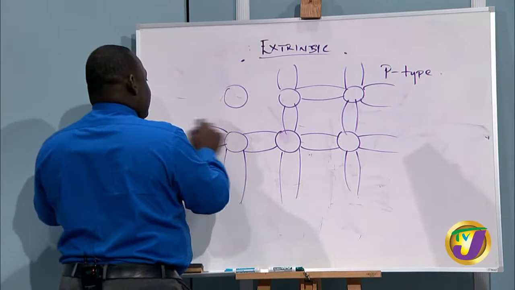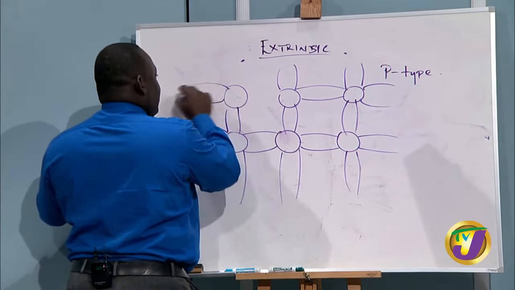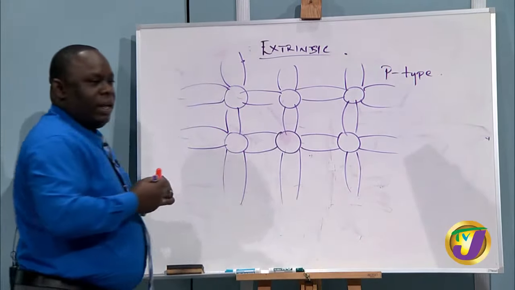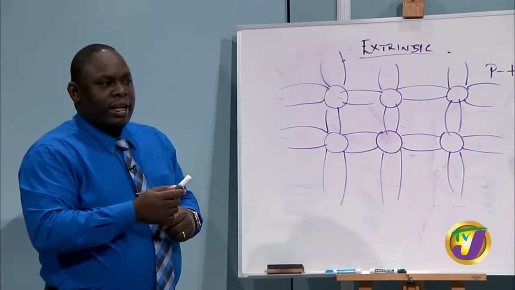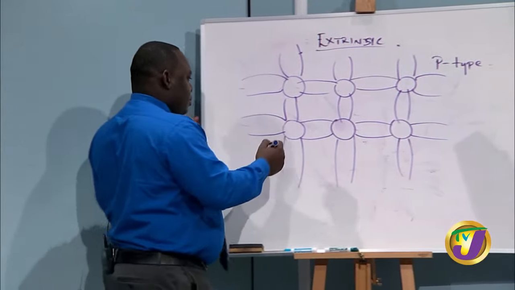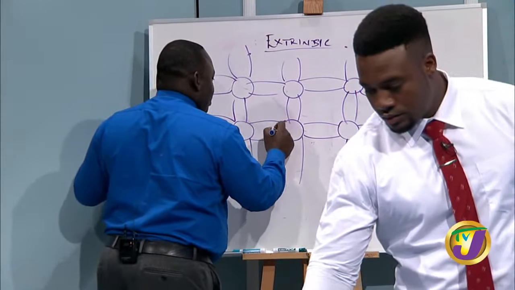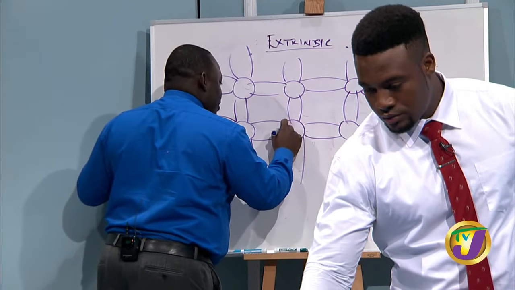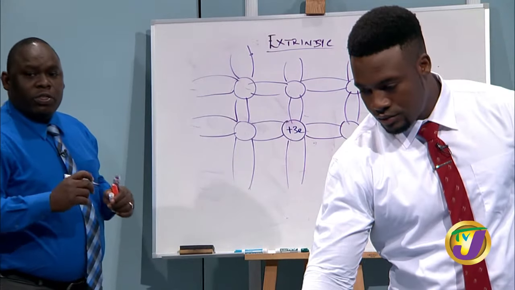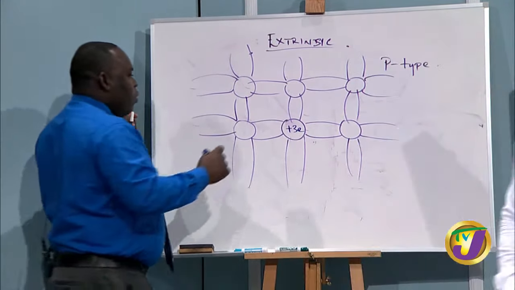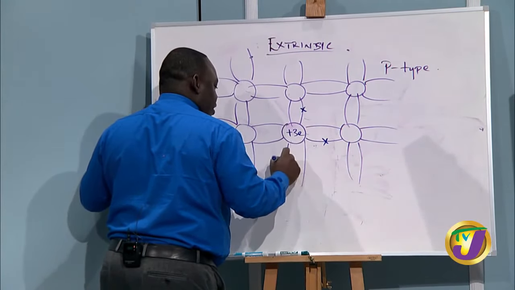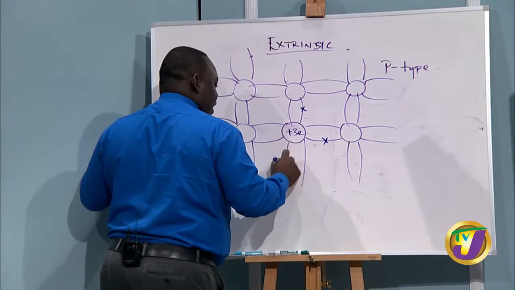Remember, for the p-type we're going to be doping with a group 3 element, and an example of a group 3 element is boron. So here we're going to have a plus 3e element, our group 3 element. For it to have plus 3e, we're going to have one electron here, one there, and another electron right there.